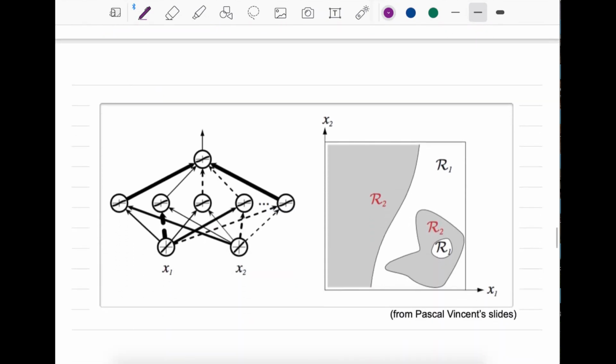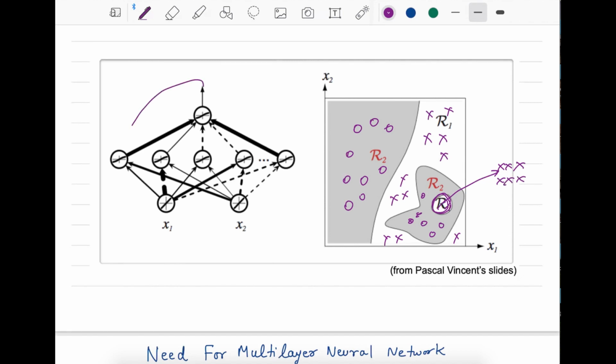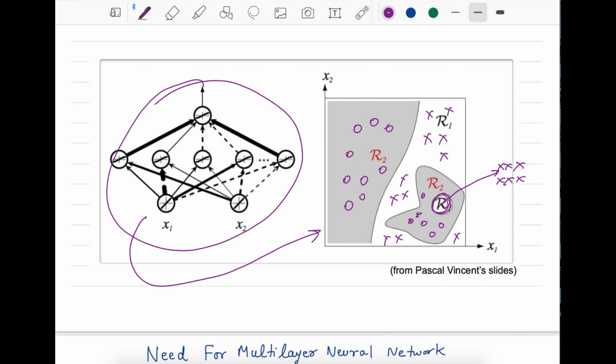Now this again advocates using multiple layers and multiple hidden nodes. Here also you can see, if your R2 had these points, and R1 had only these points, and R2 had these zeros, and in R1 this is the region where you have crosses, you can see how this neural network can separate these classes.